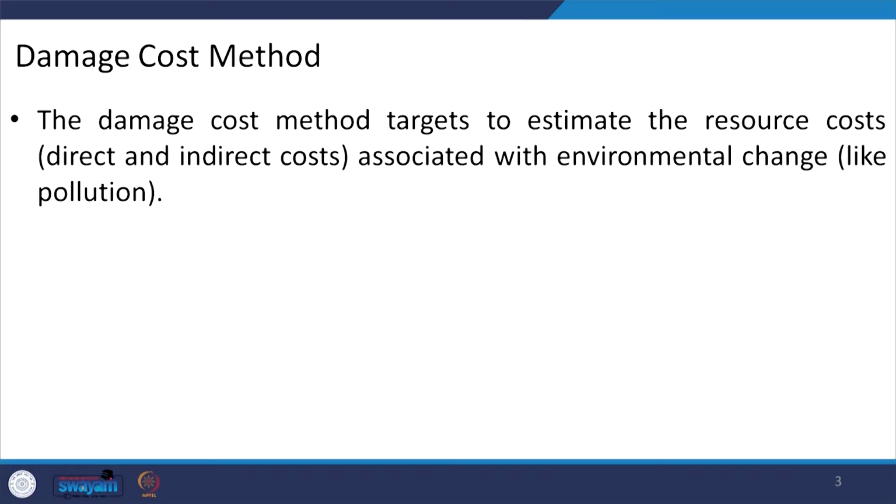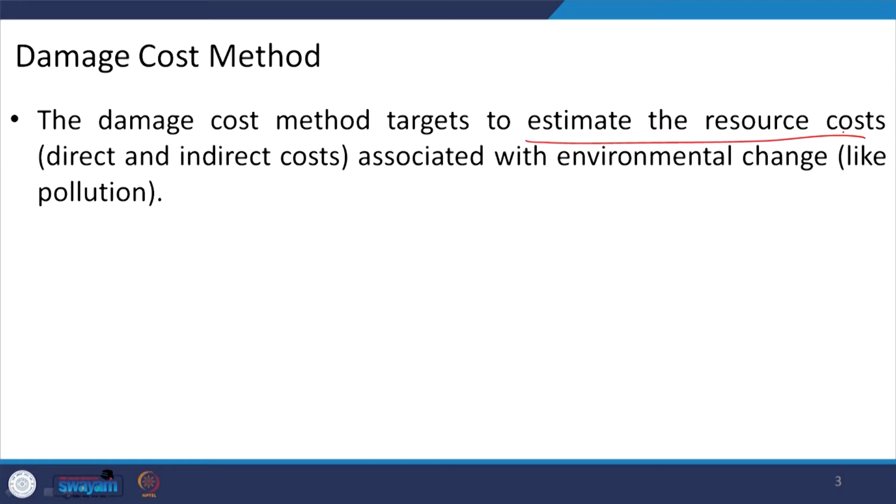Let us discuss the damage cost method. What is the very meaning of this damage cost method, and then we will be comparing it with the defensive expenditure method. As you understand from the meaning, in the damage cost method what we are targeting is to estimate the resource cost. Why resource cost?